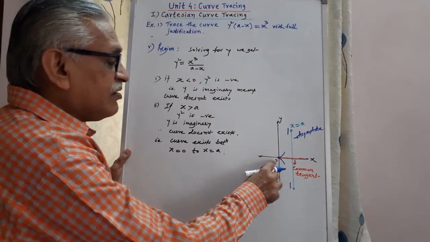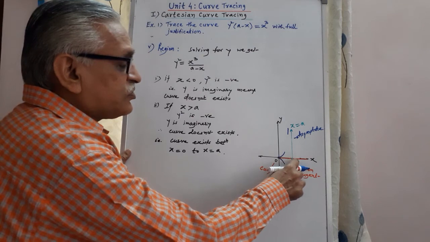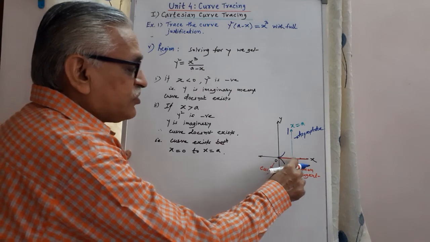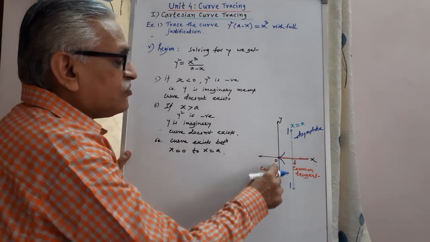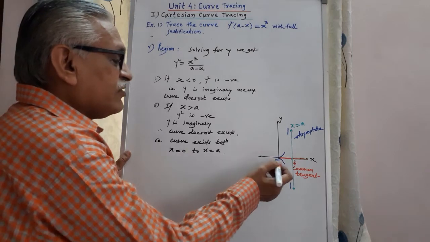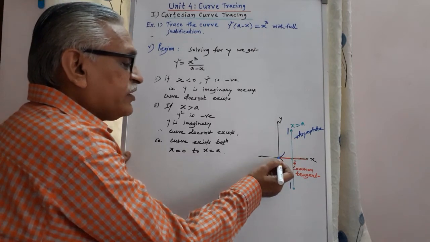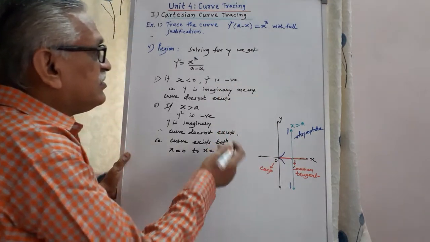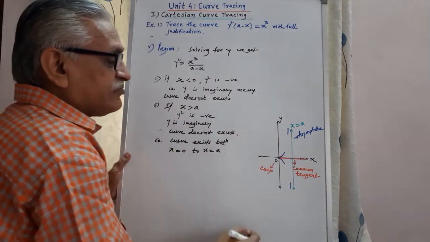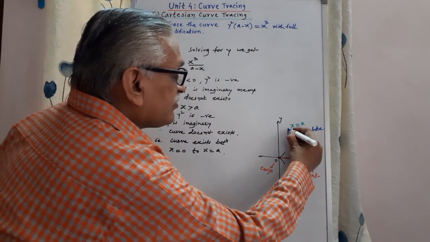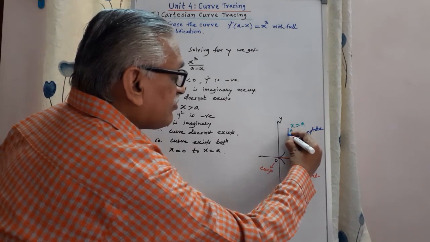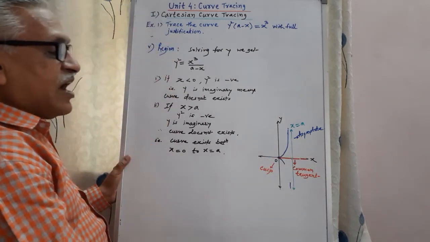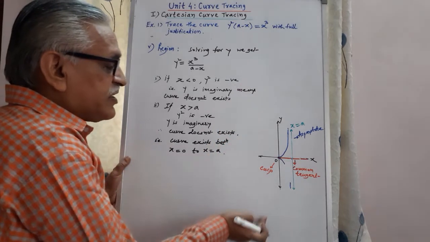And then curve exists between x is equals to 0 to x is equals to a, means for all the values between 0 to a, some values of y we have. Therefore, no need to plot the point. We have to join this part with this part smoothly. As this is not a linear curve, don't join it by straight line. We join it smoothly. This is the half part of the curve, and the curve is symmetrical to x-axis.